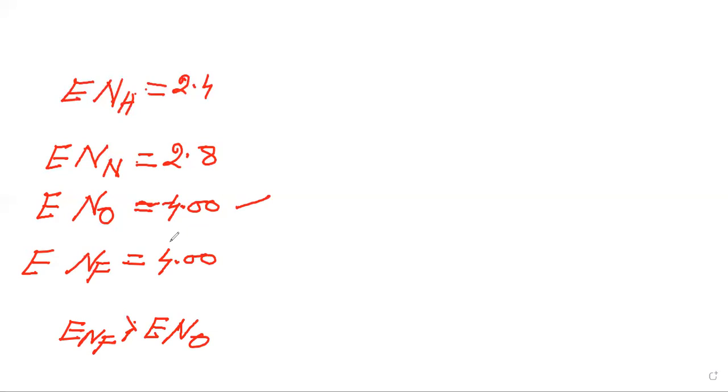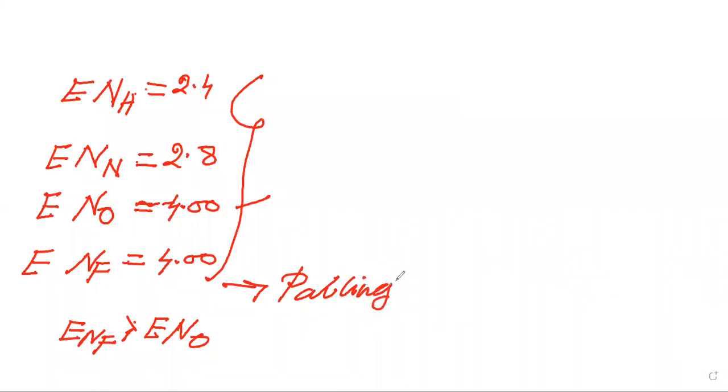All these data are given by the Pauling scale of electronegativity.